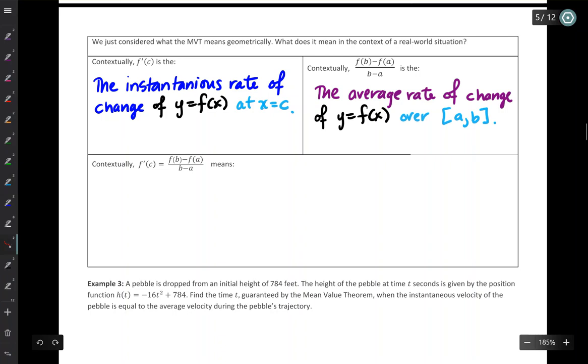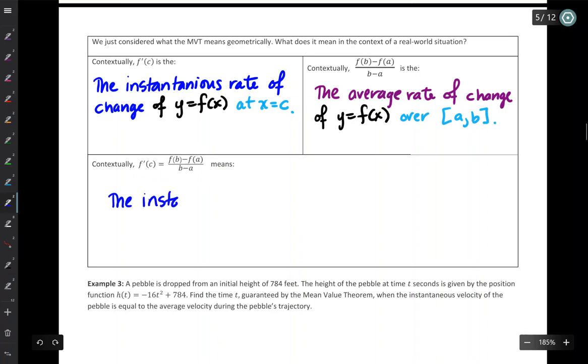So what we're saying in context, if a function is differentiable and continuous on those open and closed intervals respectively, then there's got to be a c, a moment in that open interval such that the instantaneous rate of change is equal to the average rate of change. That's what this formula is saying right here.